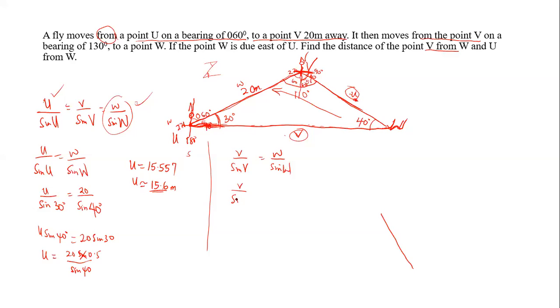And big V is what? Big V is 110 degrees. Equals to what? W. Our W is 20 over sine 40. So if you cross multiply again, we have V equals to 20 sine 110 over sine 40 degrees.